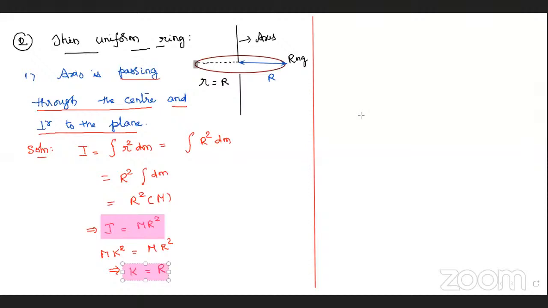Sir, where do I use this axis as a shortcut if they ask a new problem? Okay, look here. Suppose this is a nail, fixed somewhere here to the board.